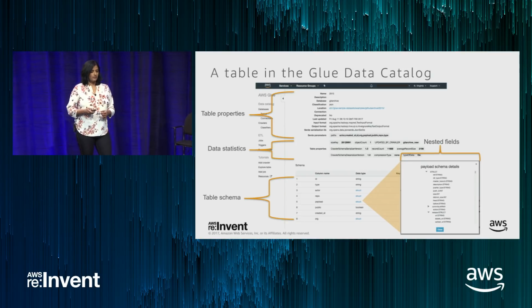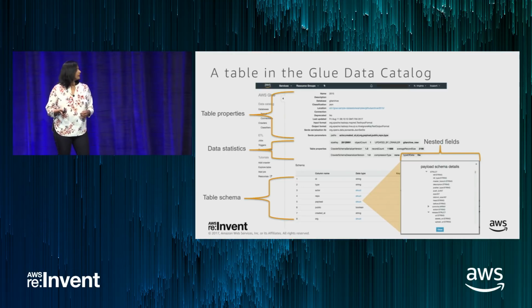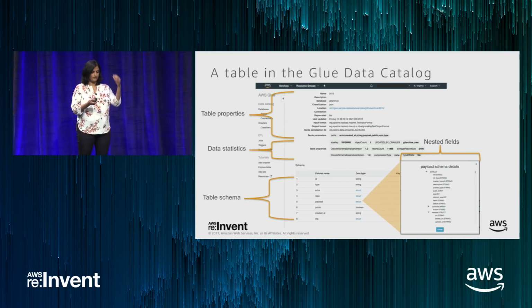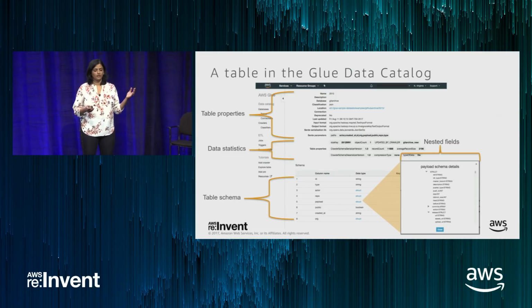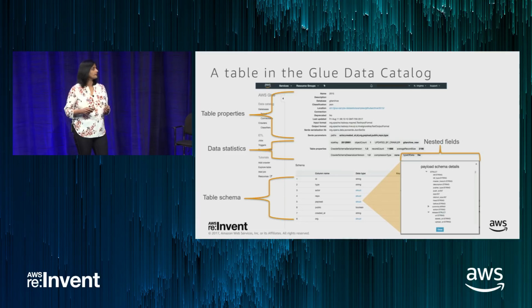And then finally, you have the table schema, including nested types. You can see an example of the payload nested schema expanded here, which shows you an arbitrarily nested JSON schema. So this has been automatically extracted and added to the data catalog by the Glue crawlers.